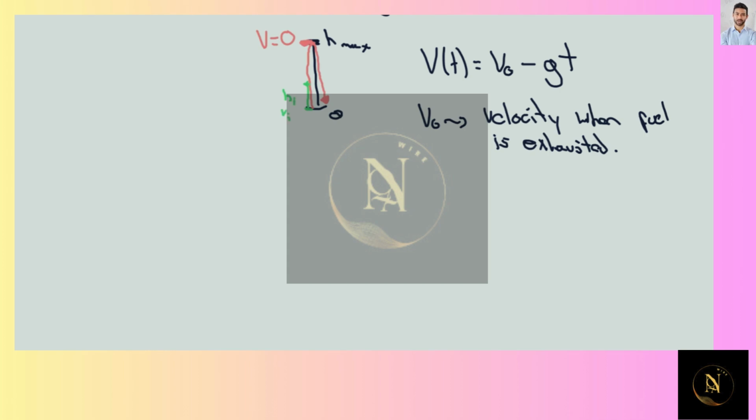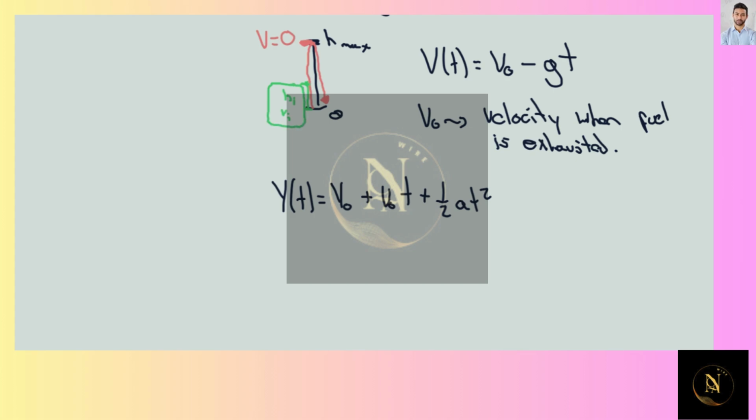So if we work our equations of motion, we're given that the height as a function of time is going to be equal to the initial height plus initial velocity times t plus 1/2 of acceleration times t squared. This is going to be the general equation for the height. So in the first part of the movement, before the fuel runs out, I'm going to put it in green.